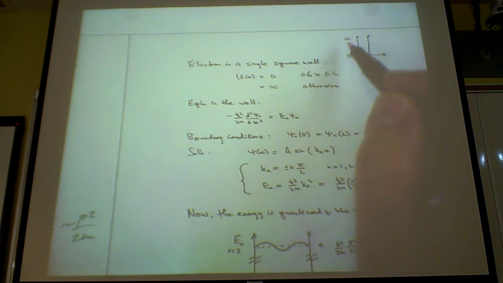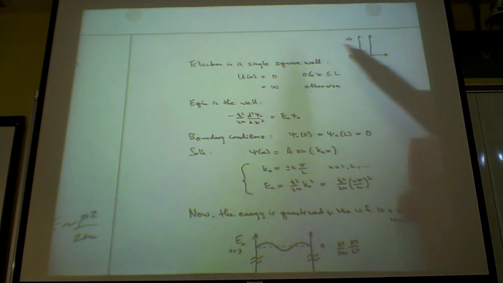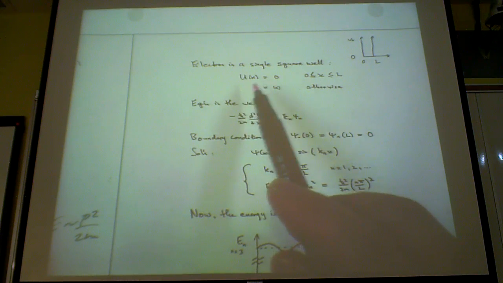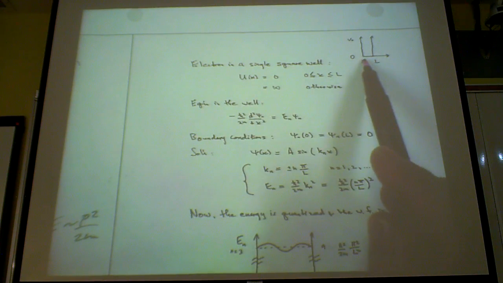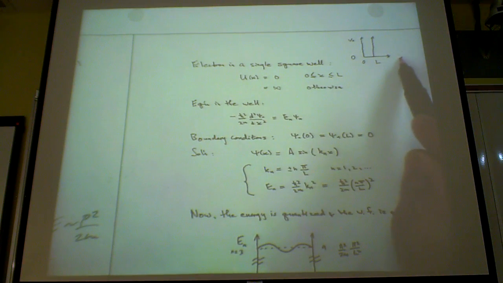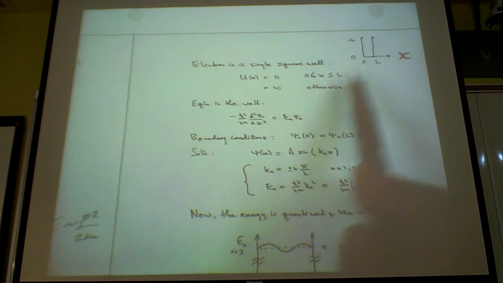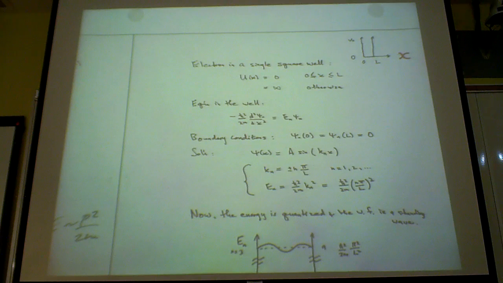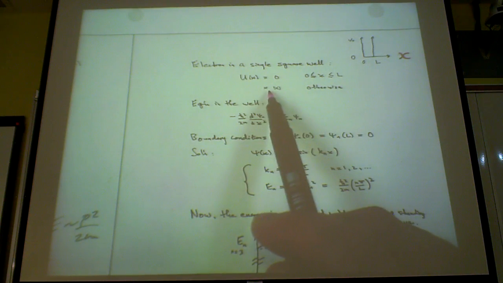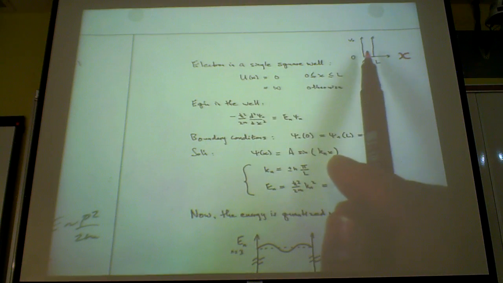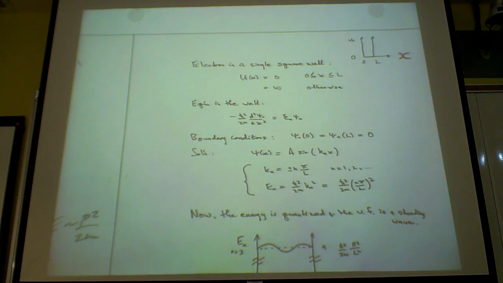So here we have my U, which is my potential energy operator, is 0 inside the well, right? 0 when x is between 0 and L, no potential energy. The electron is free inside here. But outside the well it is infinite. So once you put the electron inside, the electron is trapped. It cannot escape. It's just trapped inside the well.